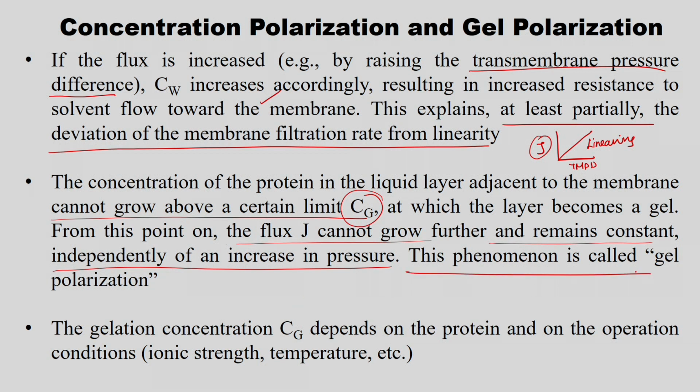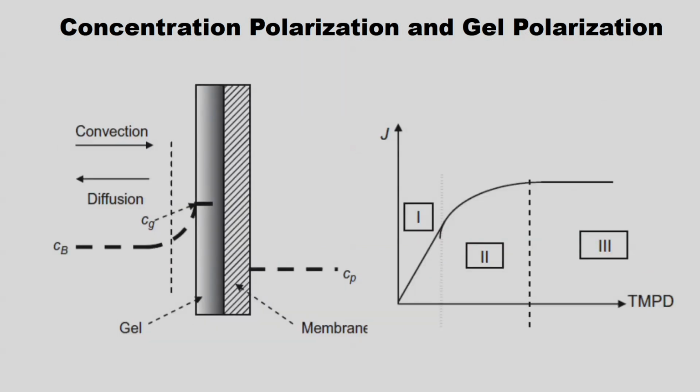So, this phenomenon is called gel polarization. The gel concentration Cg depends on the protein and also the operation conditions, ionic strength as well as temperature. Here I have taken an example of protein concentration, but that may be true for other filtration and other materials as well. Okay. So, this is gel polarization.